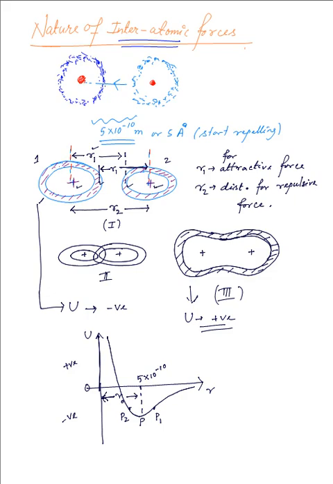So the repulsive forces come into play, either in case of the repulsive forces between the electrons, or in case of the repulsive forces between the nuclei of the atoms.